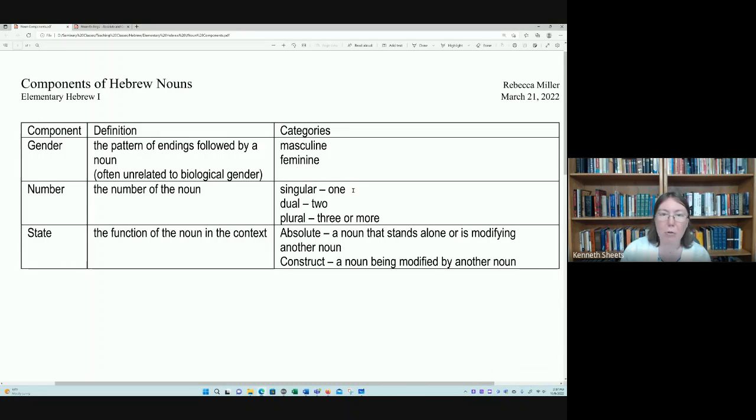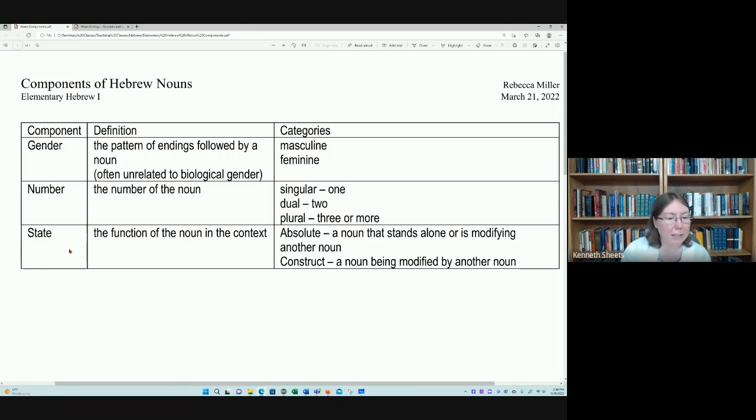There are two primary genders in Hebrew, the masculine and the feminine, so two different patterns of endings. Then we also have number, which refers to the number of the noun: singular, which would be one, dual, two, and then plural, three or more.